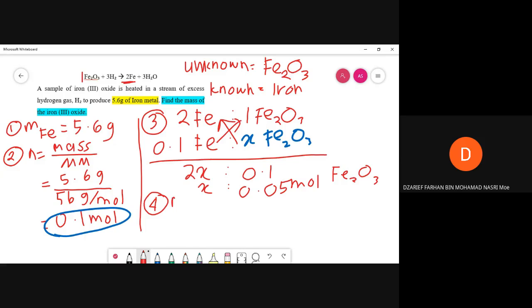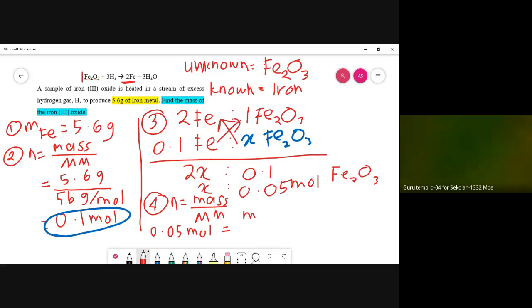Mass over molar mass. Yes, mass over molar mass. So what is your n? 0.05. 0.05 mole. Okay, so you would like to find the mass.